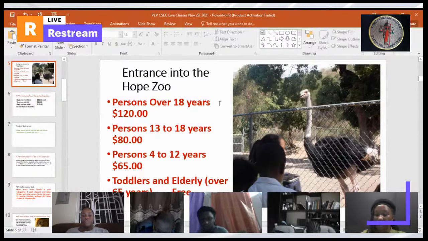When you multiplied 65 by 32, you got what? Oh, Miss, I added the teacher, which would be 120, because she doesn't have the ID. Okay, so Miss Brown would pay 120 because she's 35.